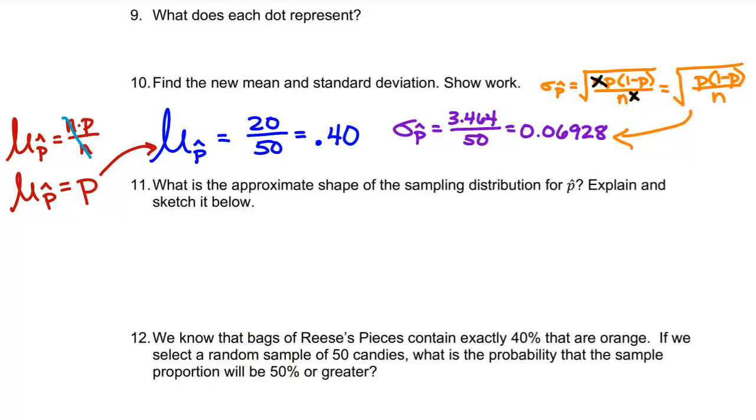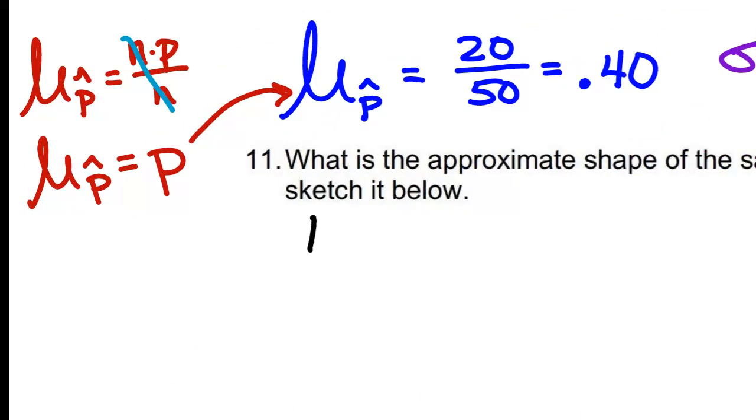What do you think the shape would be? The approximate shape of the sampling distribution. Large counts. So what would we be checking for large counts here? How would I do large counts?